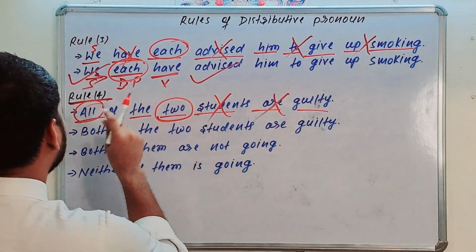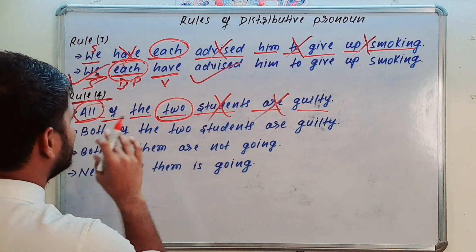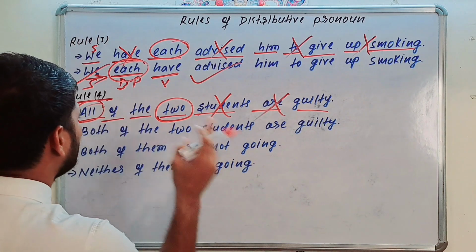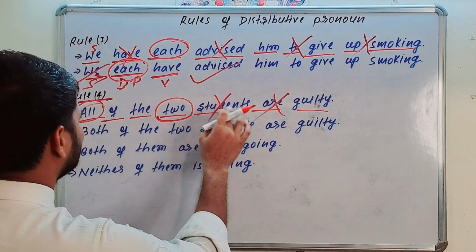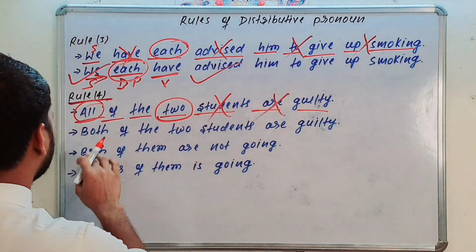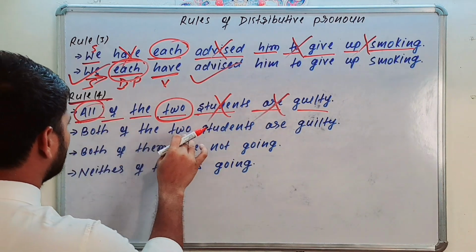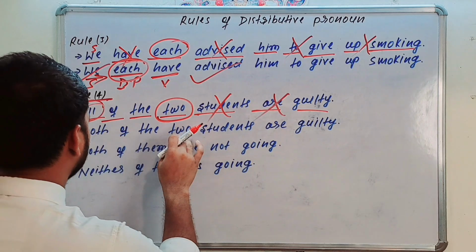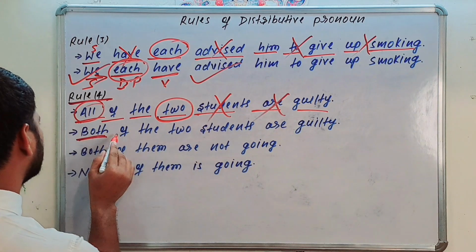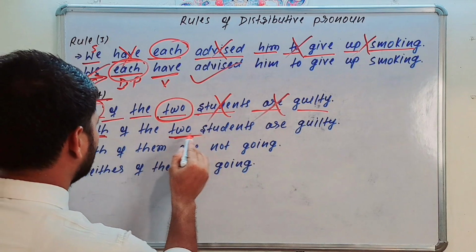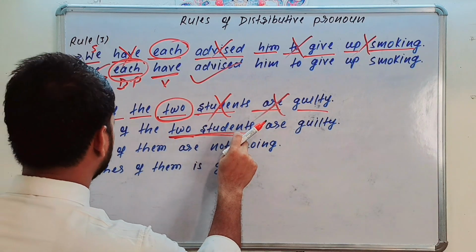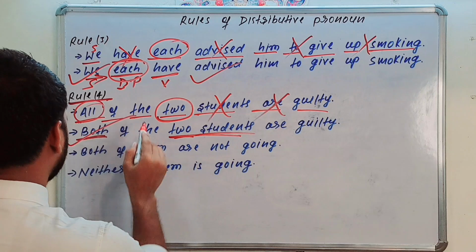Two should not be used with all of, because all of refers to plural things, not two. So the first example is wrong. And the second one, both of the two. Just as I told you, both is only used for two persons or things, and here both is used for two students. So this sentence is right.